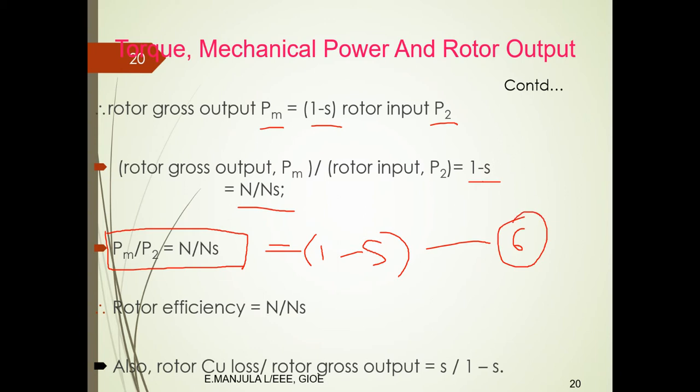We already have the fifth equation, that is, ECU, rotor copper losses divided by rotor input, is equal to S. Now here PM divided by P2 is equal to 1 minus S. So rotor copper losses divided by PM, how will you get that?